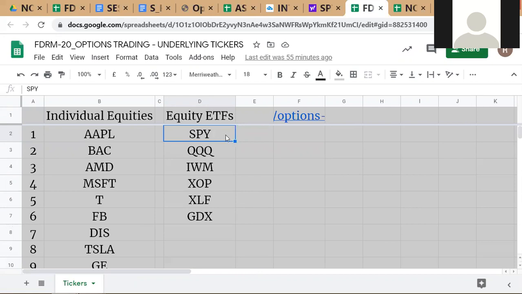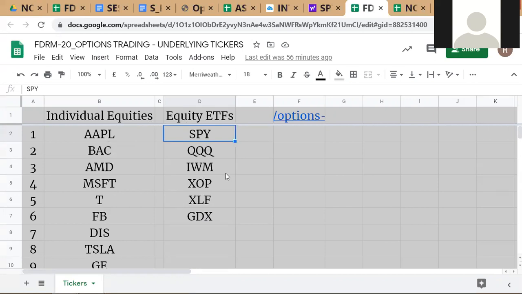Well, the first answer is that in this particular project, you will be trading options on these tickers. Now, these tickers are of two types. One type is individual equities like Microsoft, etc. And the other type of ticker is ETFs. Many of these ETFs track particular indices like S&P 500, NASDAQ 100, Russell 2000. So the answer to your question is both.